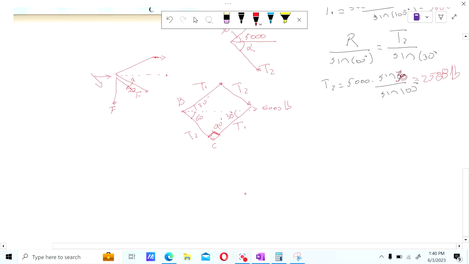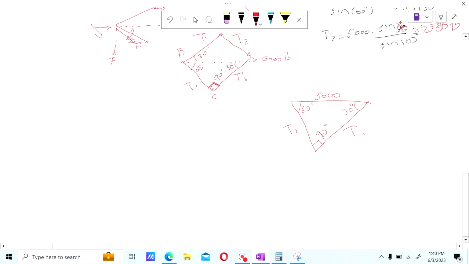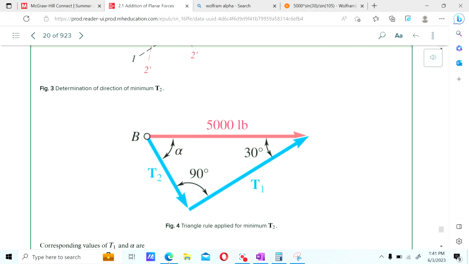So if we try and compute again, we'll have 5,000, 90, 60, 30, T2, T1. So let's see what happens here. You're going to see it's 90, because when you do sine of 90, let's go to the calculator first.